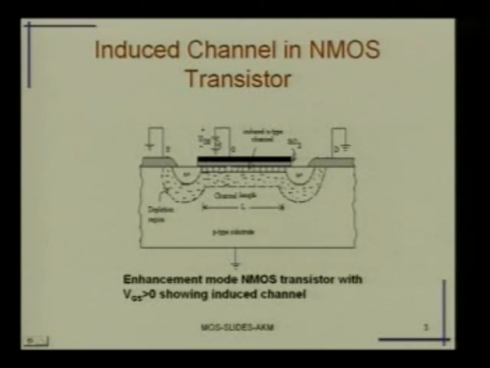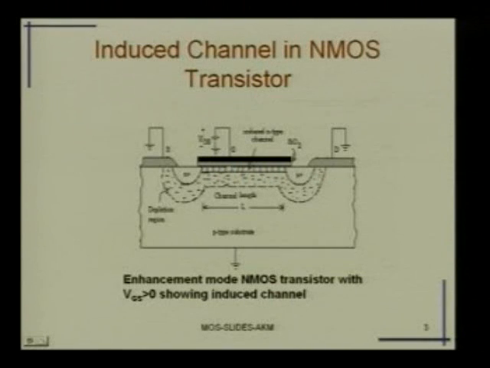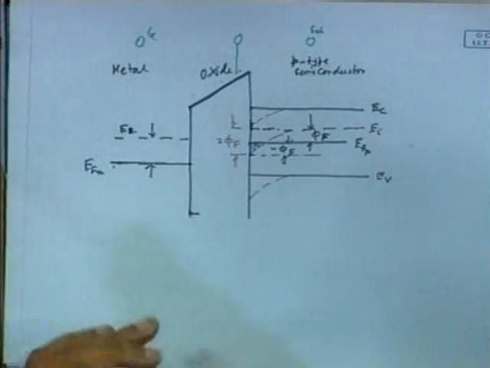Any doubt, any question, particularly those of you who haven't gone through any semiconductor physics course? I have gone through it a little quickly and not in much detail, but I do not have much time. If I make VGS less than 0, the bending of the diagram will take place in the reverse direction.